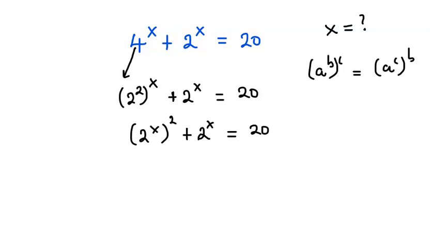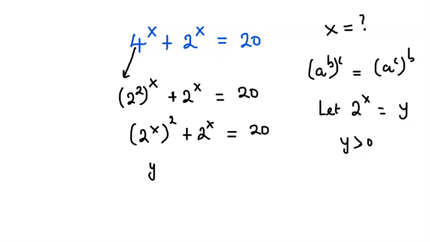So let us go ahead and make the following nice substitution. We're going to let 2 to the power of x equal y. And we know that for the real value of x, y must be greater than 0, right? So here we derive the following quadratic equation in terms of y.